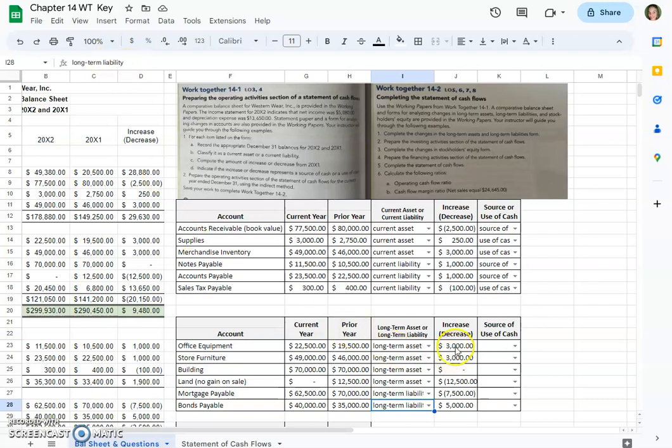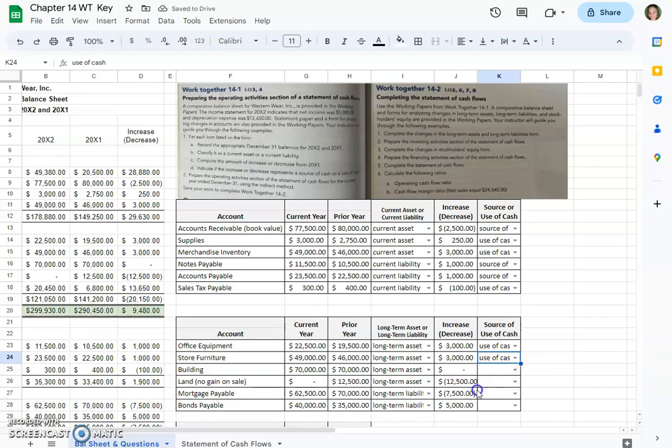If we have a balance of office equipment going up, we've used cash to increase that balance, right? None of these are going to be decrease amounts. So these are all going to be uses of cash because we've spent more money to build up our balance of office equipment, store furniture, and building is a wash. Okay, so this is a use of cash.